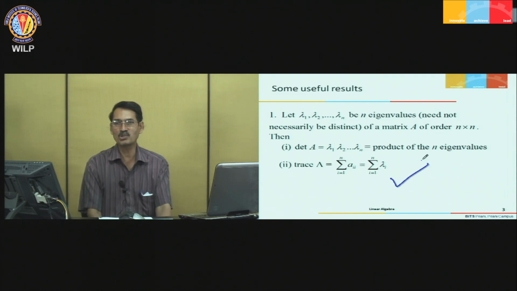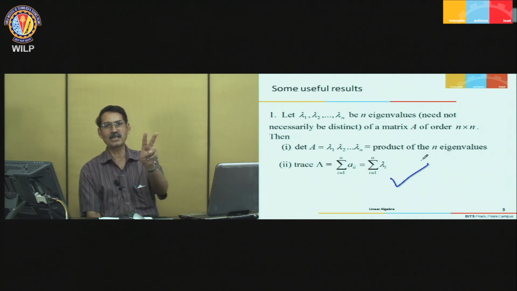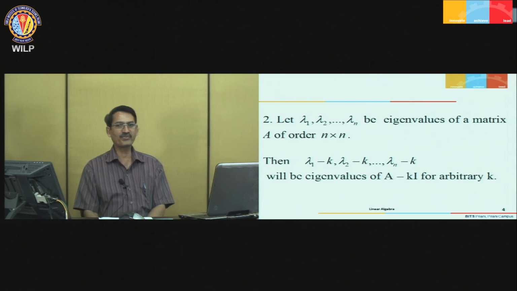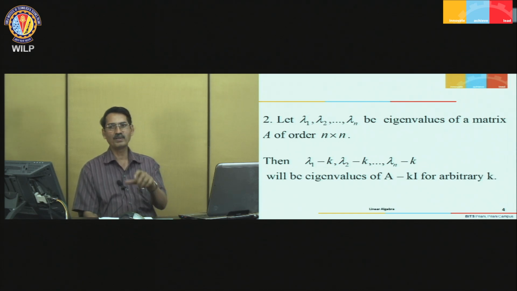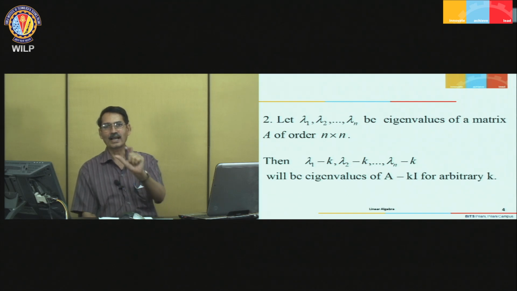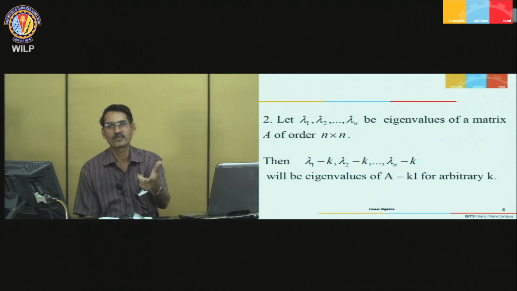So, these are very useful results. If eigenvalues are known, then we can immediately tell two things: the determinant of the matrix and the trace of the matrix. Not only this, look here, this is called the shift result or shift theorem, that if the eigenvalues of A are known, then the eigenvalues of A minus kI are also known.